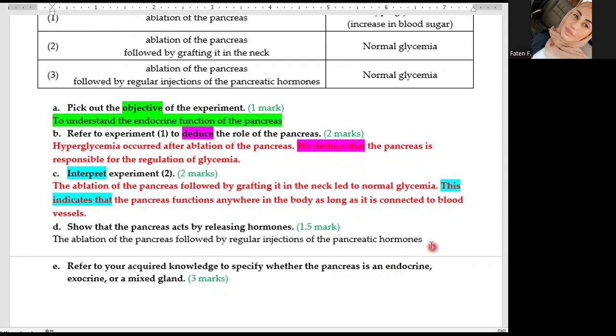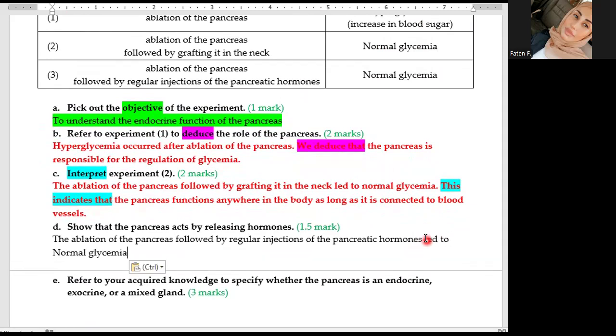Also these hormones restored normal glycemia. The situation returned to normal even though we didn't put the pancreas back, we just did injection of the hormone. So the pancreatic hormones were enough to fix the problem. Okay? So the ablation of the pancreas followed by regular injections of the pancreatic hormone led to normal glycemia.